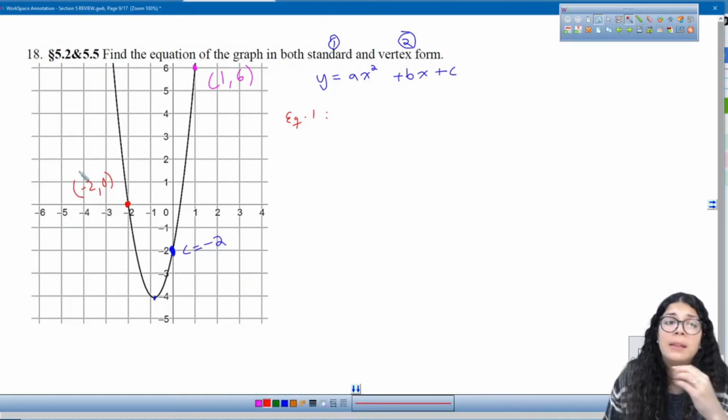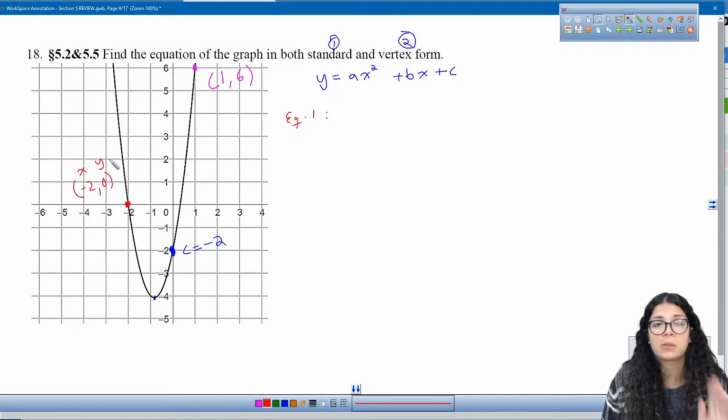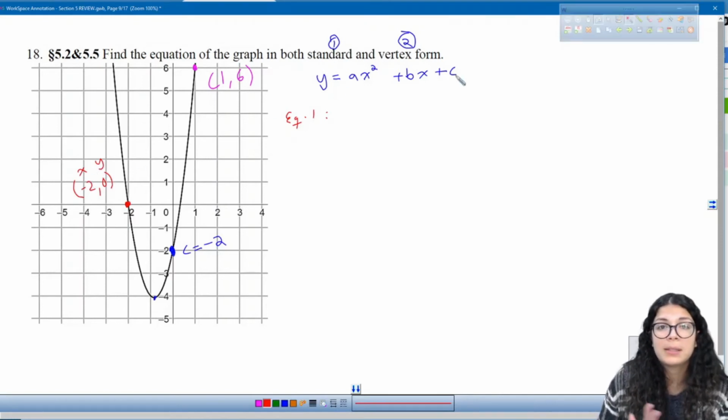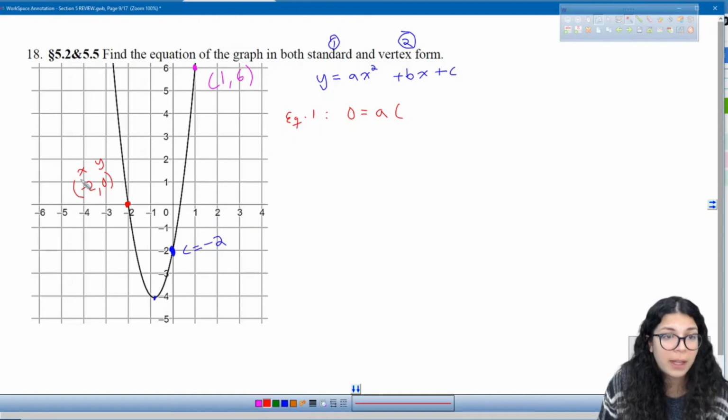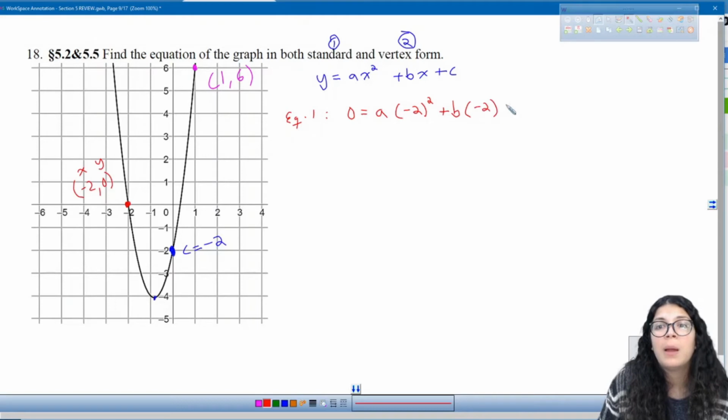Now again, for these points, the x and y, we're going to plug this into the standard form. y equals a, which I don't know, times the x value, here for the first equation -2 squared, plus the b value, which I don't know, times the x value, again for this first point -2, plus the c value. The c value is -2 because that is the y-intercept.